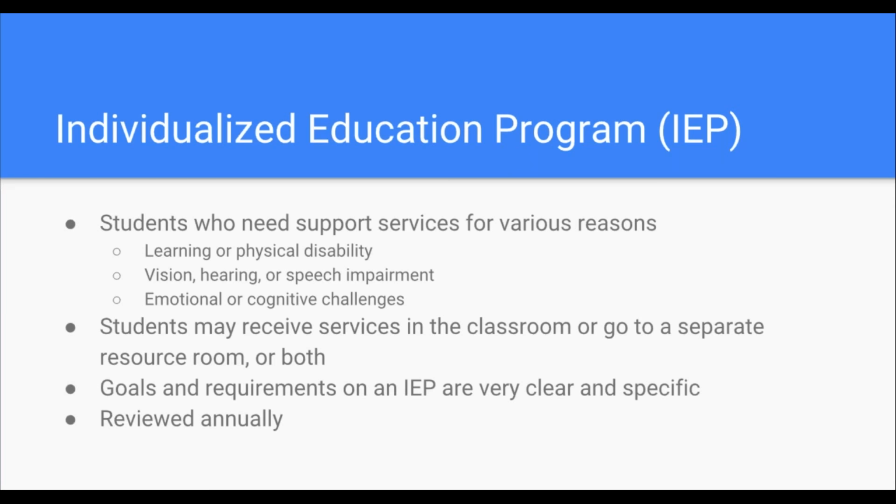Yes, so I would say most of the strategies I did gear more towards the reading, but those are also just as crucial in math and science, social studies. So the vocabulary is probably the number one thing to focus on, and then backing that up with visuals.